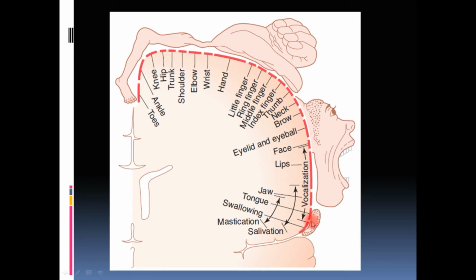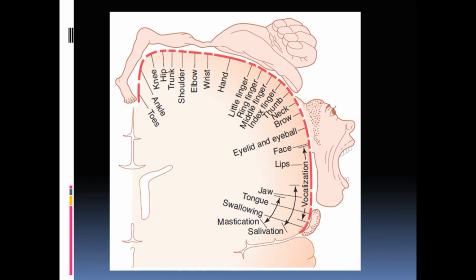As you can see, the major part of the primary motor cortex is involved in the control of mouth, face, and the distal part of the hands, that is our palms and distal muscles of the hands, and a minor area is for the rest of the body. That means the primary motor cortex has the responsibility for the more precise and controlled movement of mouth and hands, to perform the discrete function, to perform the small minute detailed movements.